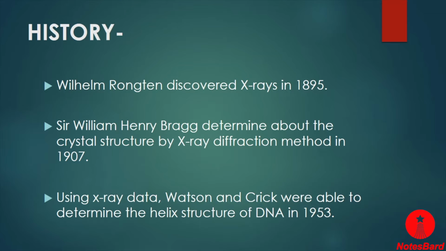Later Sir William Henry Bragg determined crystal structure by using the X-ray diffraction method in 1907, and he also supported the observation of X-ray diffraction made by Max von Laue in 1912, confirming for most researchers worldwide that X-rays are a form of electromagnetic radiation.